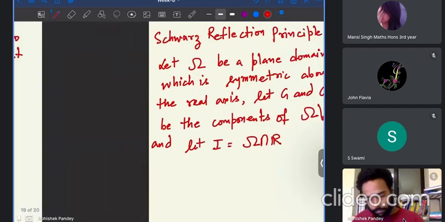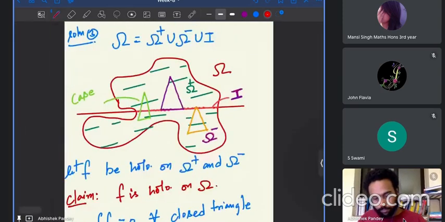So you just remember this figure, this kind of figure. So this is omega. Although it is not symmetric, because of the way I have constructed this one, it should go from here like this.